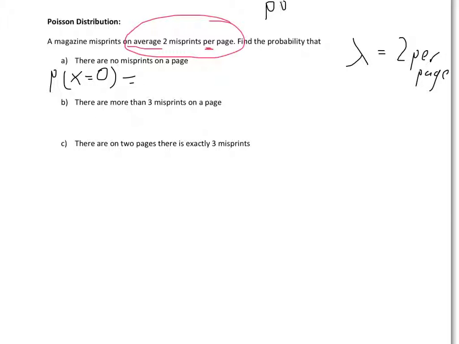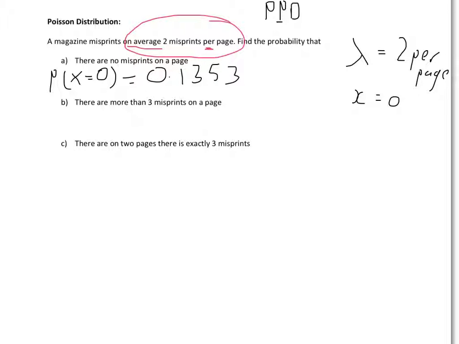If you're going to use the calculator, you're going to use PPD, because P means it's at a point of exactly 0. So we want x equals 0, and we're going to come out with 0.1353. That comes with lambda being 2 and x being 0. Please stop the video and make sure that you can actually get that number in your calculator.